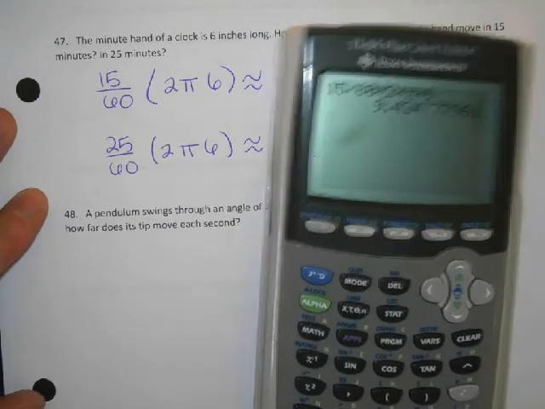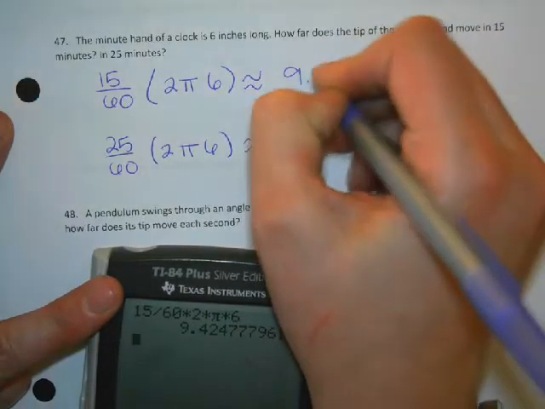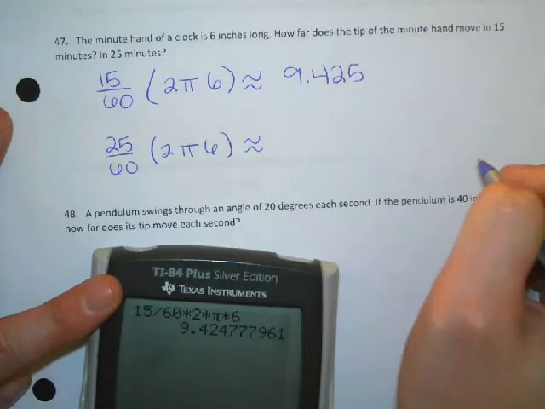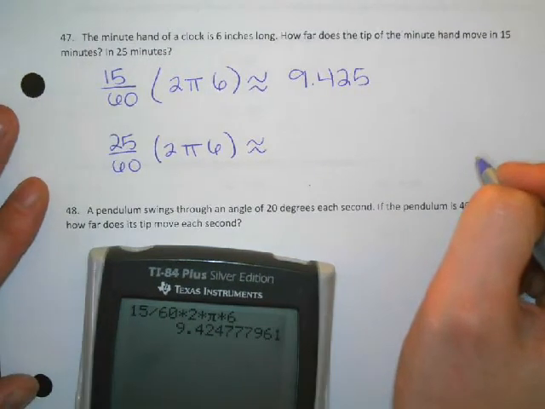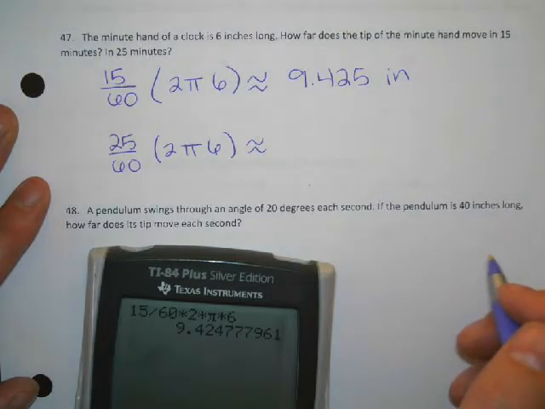And we get 9.425. And what are the units? Inches. Should it be inches or inches squared? Inches squared. All right, think about it. Just inches because it's a length. I tricked you.